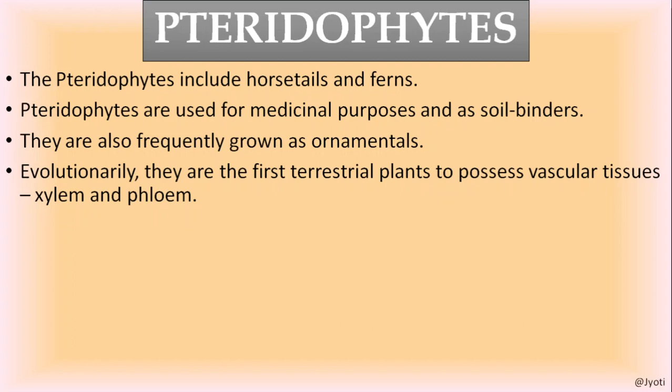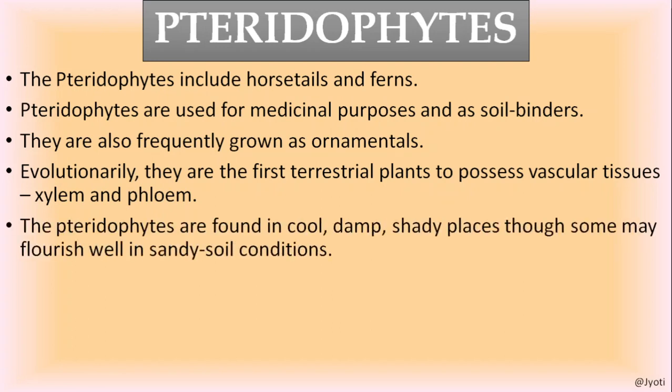And before the pteridophytes, in no plant was vascular tissue there. The xylem and phloem were not there in any plant before the pteridophytes. So that's a very important point to remember, from the examination point of view also. The pteridophytes are the first vascular cryptogams which contain the xylem and phloem.